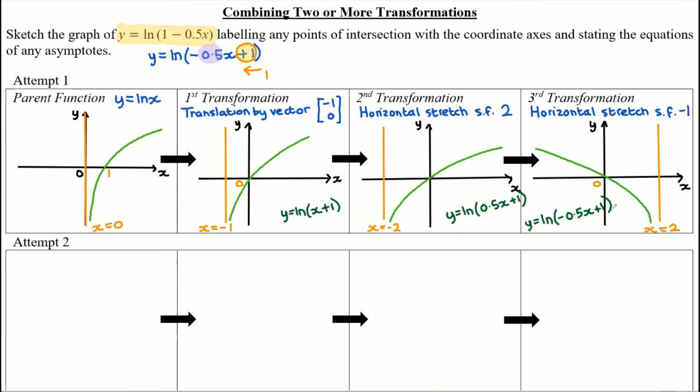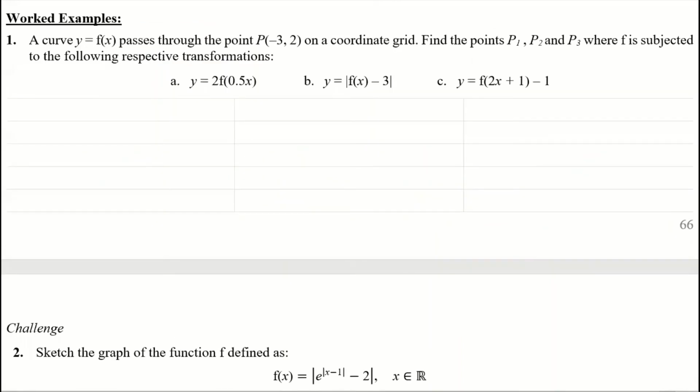Let's have a look at some worked examples on this. All right, so there's 3 examples in one here, and this is a really good exercise in testing your understanding of transformations without having to actually sketch any graphs. Now, we actually can't in this instance because we don't know what y equals f of x is, okay?